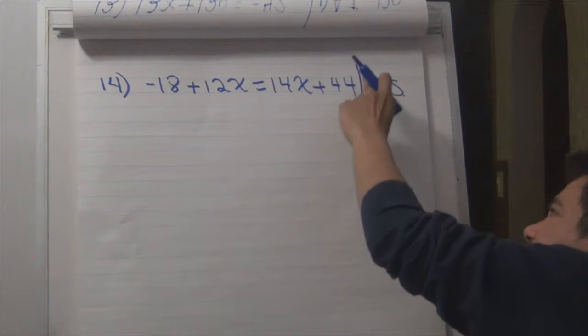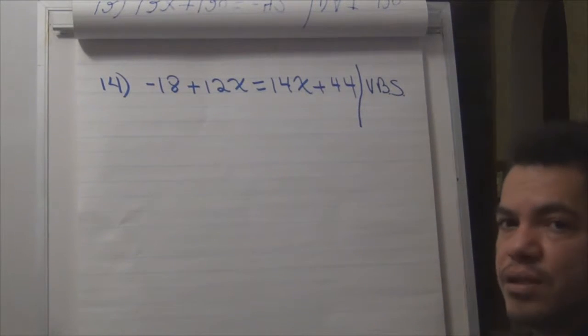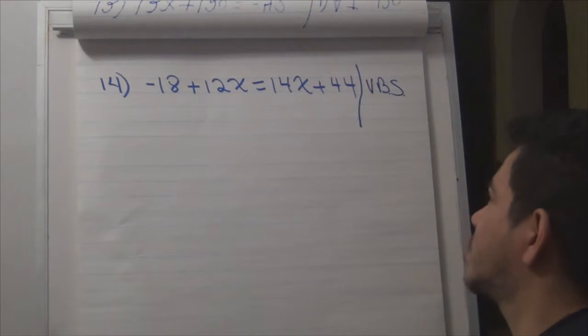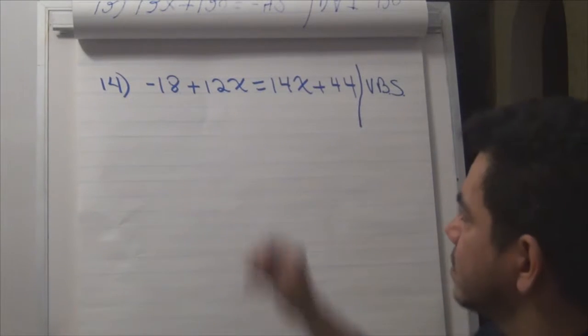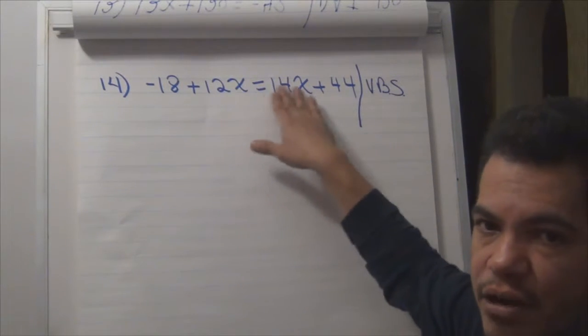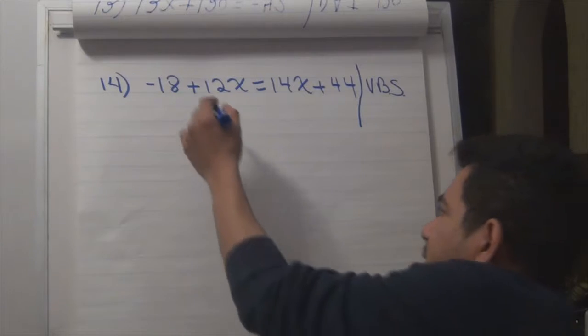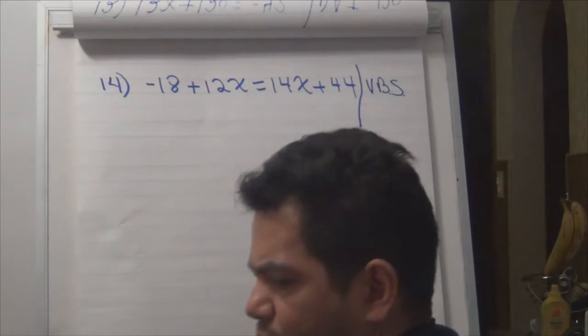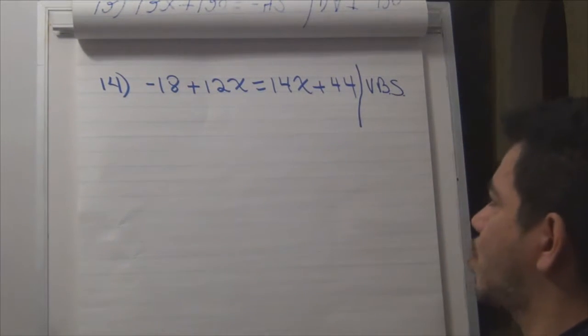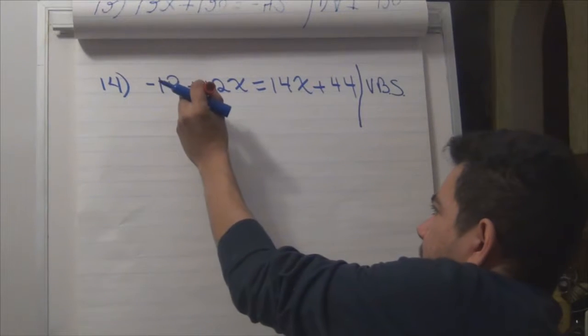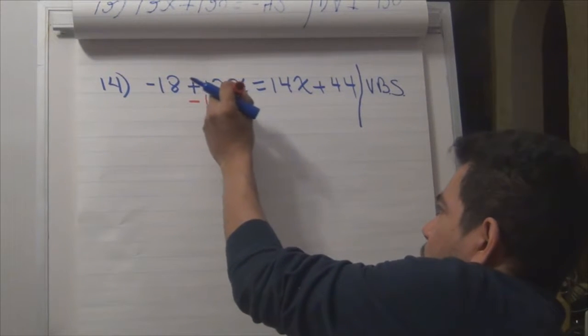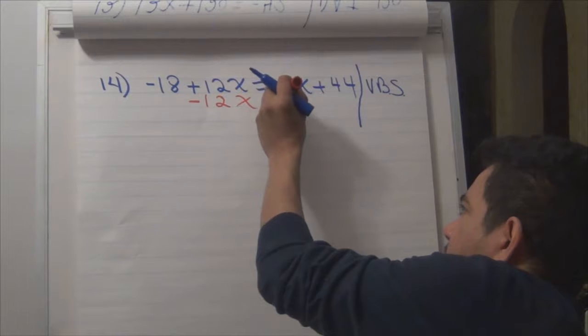What in the world does that mean? Variables on both sides. Do I have? Yes. So what do? Get rid of them by adding or subtracting it, right? So let me get rid of this 12 by subtracting 12x on both sides.